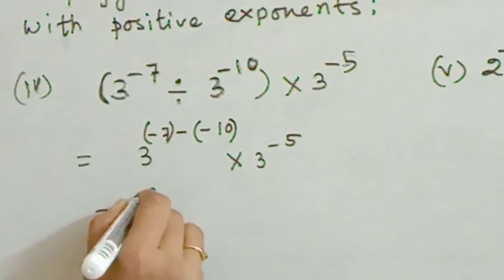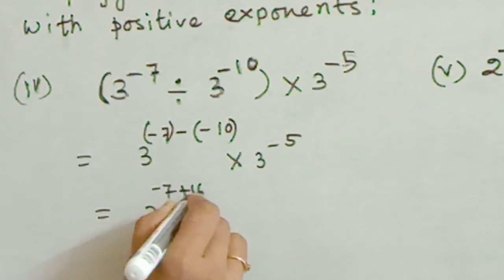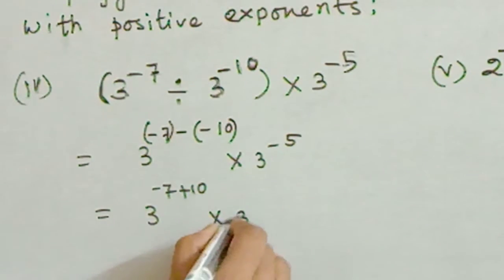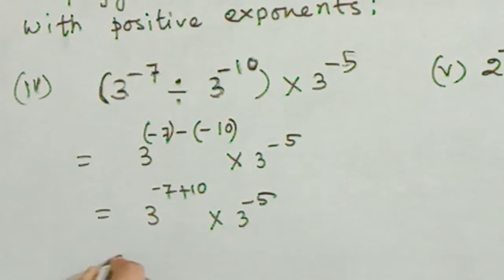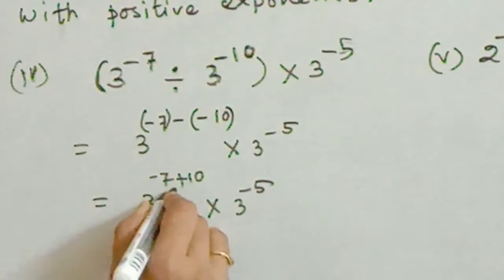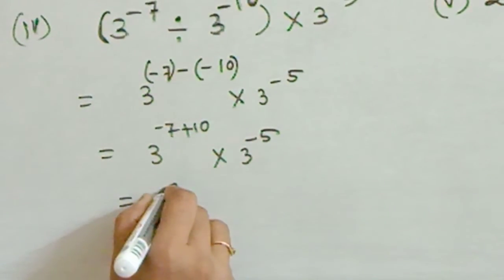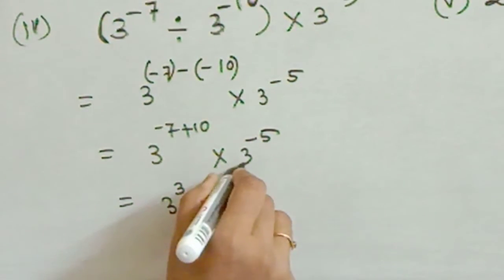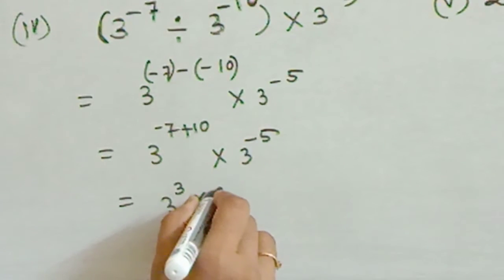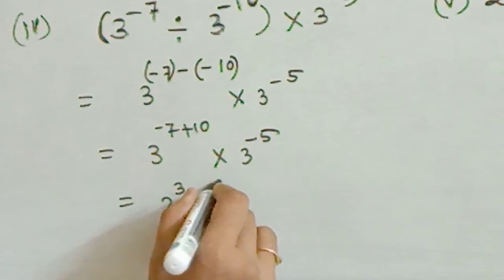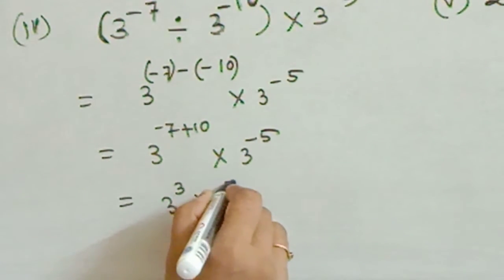Now 3 to the power minus 7 plus 10 into 3 to the power minus 5. 3 to the power 10 minus 7, that is 3, into 3 to the power minus 5, means 1 by 3 to the power 5.